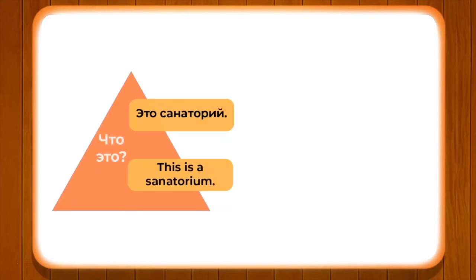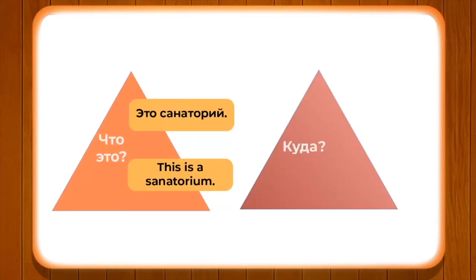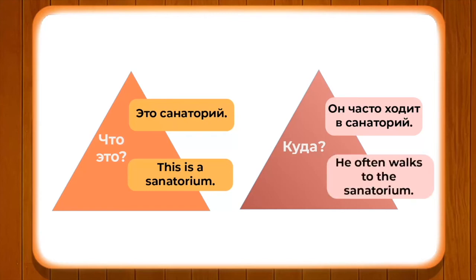Это санаторий. Куда он часто ходит? Он часто ходит в санаторий. So санаторий in the что это form as well as in the куда form remains the same. This is the basic concept which you need to remember: with verbs of motion in conjugated form, a masculine noun with a hard ending or with й does not change.